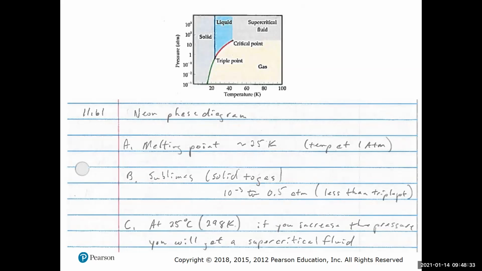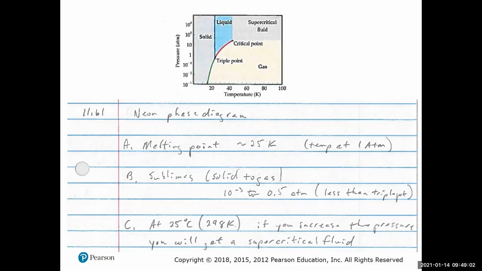The next question is, over what pressure range will solid neon sublime? First of all, what does sublime mean? Go from solid to gas, right? So what pressure range could I get subliming? Well, I look at my phase diagram and say it's got to be below the triple point.